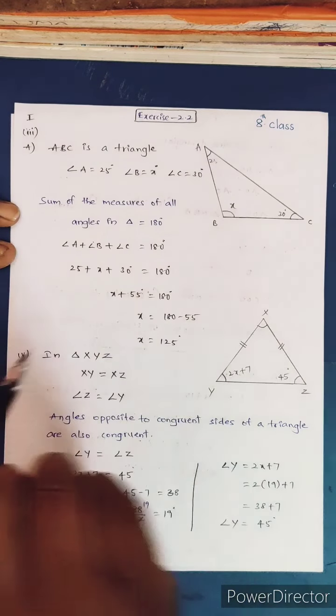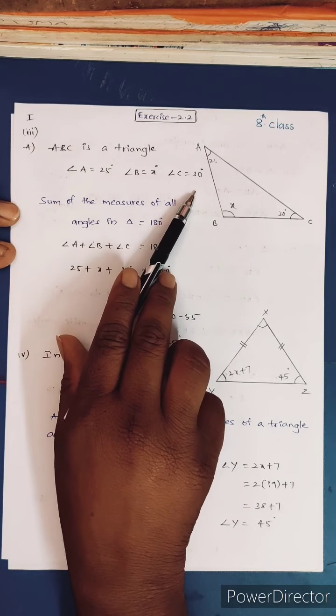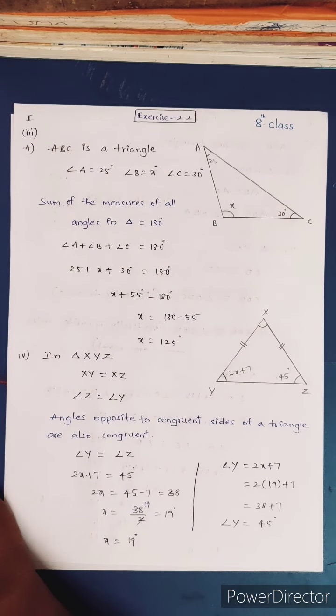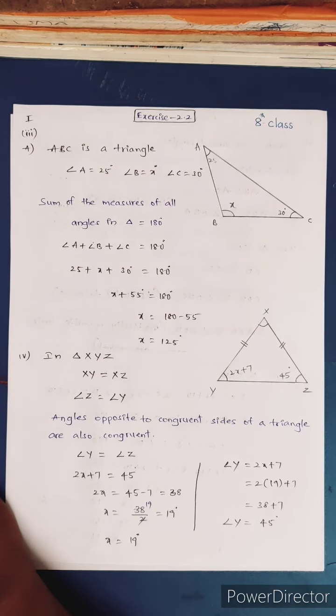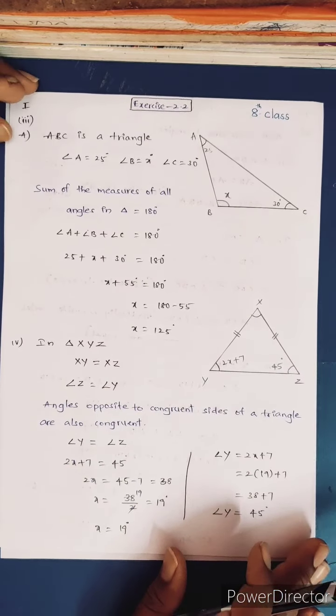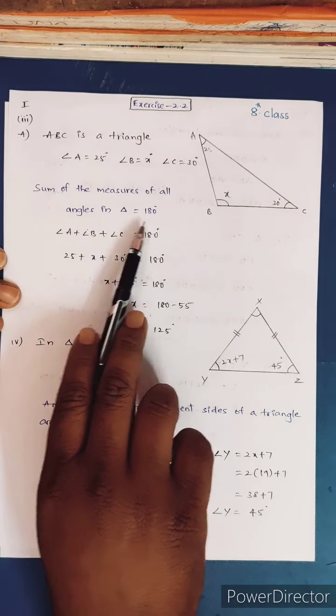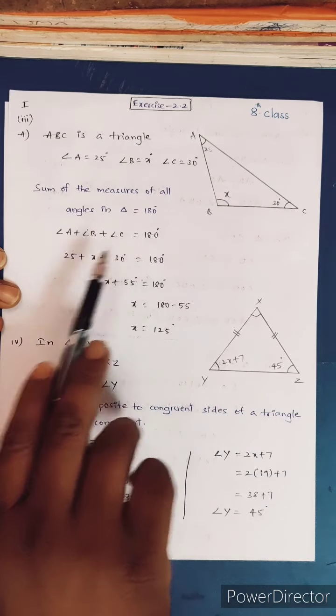Next, the third problem. ABC is a triangle with angle A, angle B, angle C. If two angles in a triangle are given, then we can easily find the third angle using the angle sum property. The sum of the measures of all angles in a triangle is 180 degrees. Angle A plus angle B plus angle C is 180 degrees.